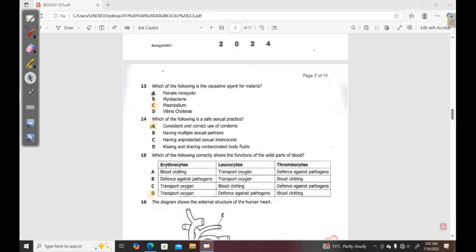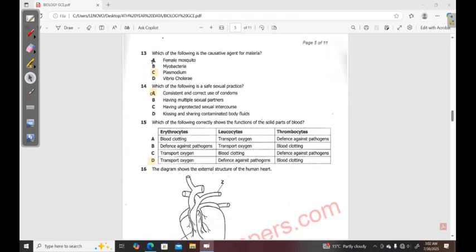When they talked about the female mosquito, they didn't even specify, because for malaria it's the Anopheles mosquito. You also have other mosquitoes. When they say female, it's a very vague option, because they didn't really specify what type of mosquito they were talking about.